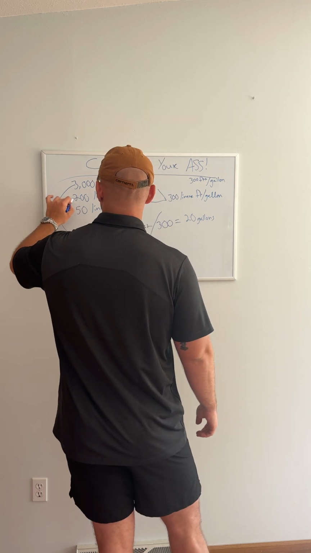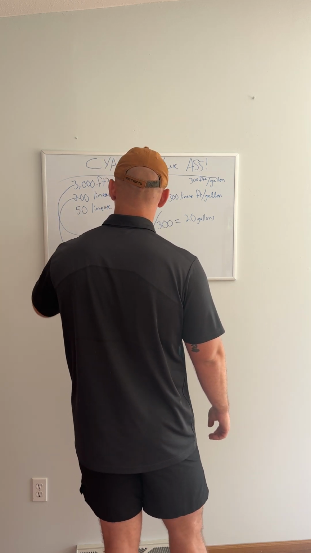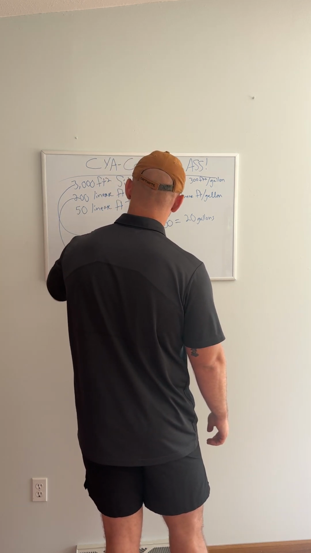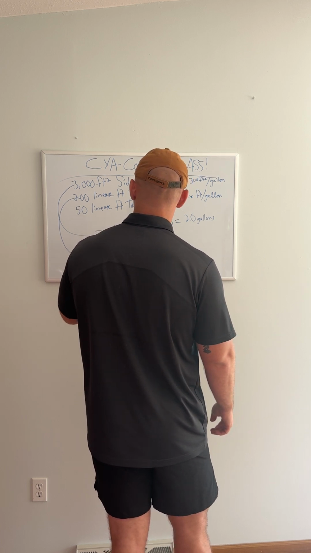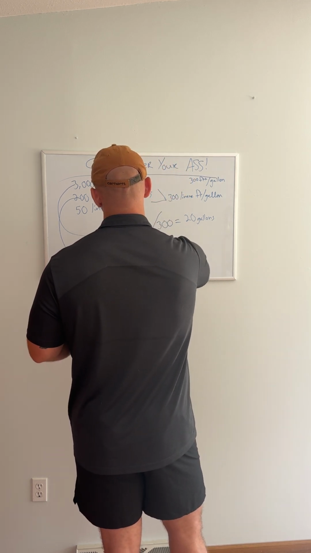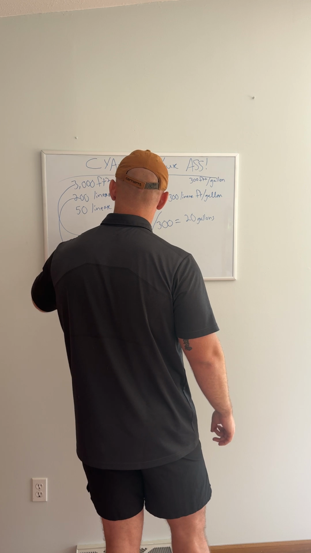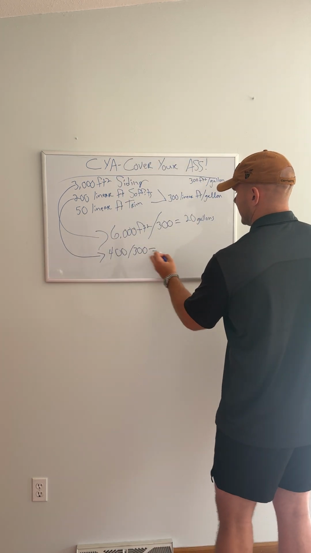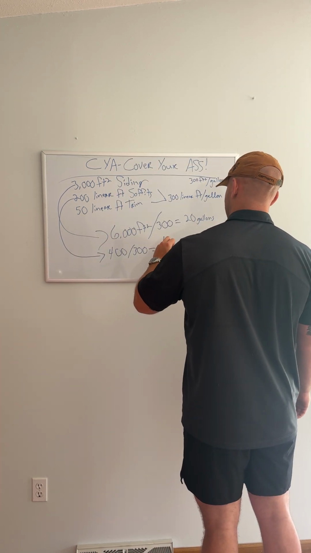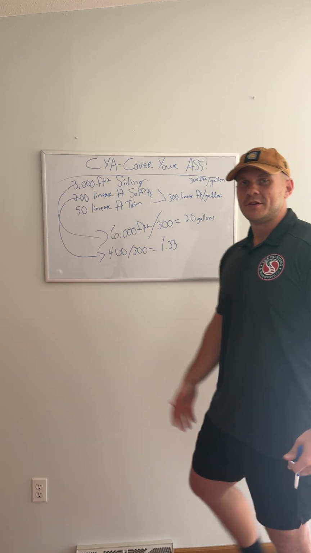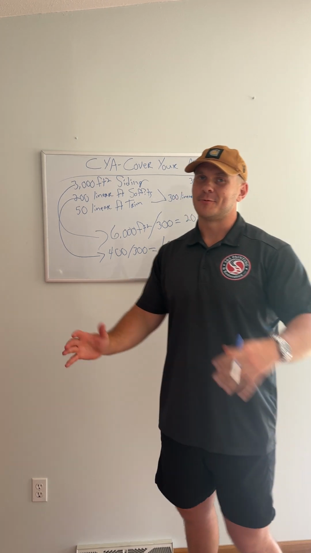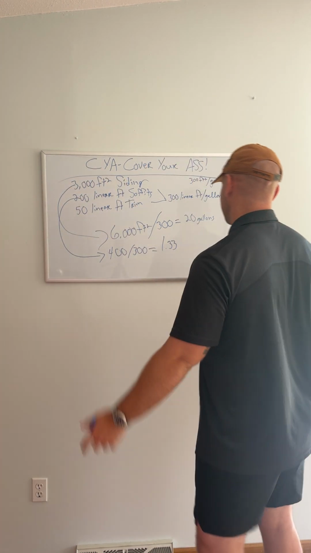So for the soffits, you got 200 divided by 300. Oh shit, it's actually 400, so you gotta do 2 coats. So it's 400 divided by 300, which is what? It's like 1.33, right? Well, we don't use 1.33 gallons, so we're gonna round it up to 2. So 2 gallons.